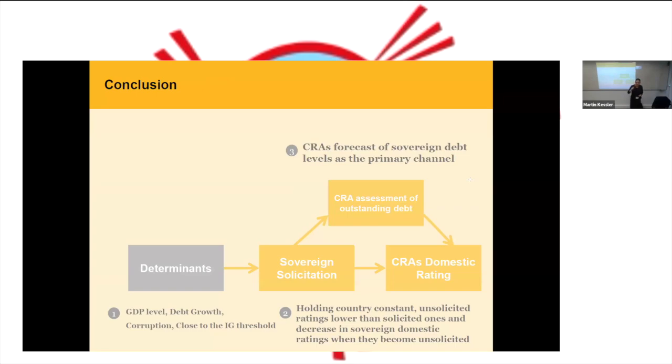Countries close to the investment grade tend to pay, and also when they have higher debt growth. And when we keep the country constant, the unsolicited rating seems to be lower than the solicited ones. And when there are those switches, the rating is often downgraded. So this is in a nutshell the paper, and I look forward to the discussion.